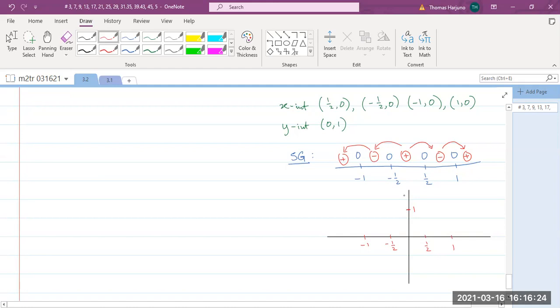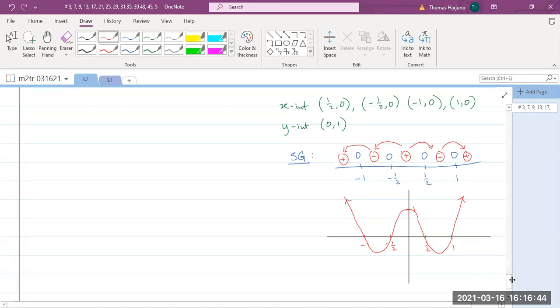Okay, and this is degree of 4, right? It's degree of 4. Then it looks like this. That's what the graph looks like.